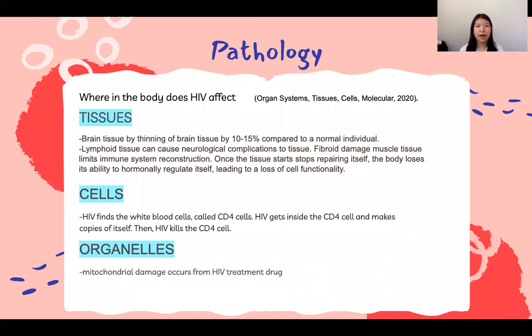Pathology. Where in the body does HIV affect the tissues? The brain tissue thins by 10 to 15% compared to the normal rate.